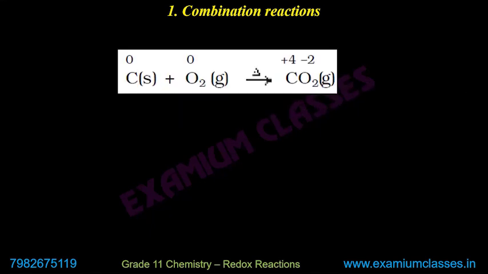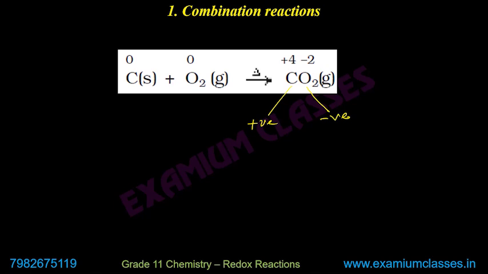Example: C plus O2 gives CO2. Now see why it is required. In CO2, if this one has a positive oxidation state, this one will have a negative oxidation state, only then the sum will be zero. Both can't have positive.